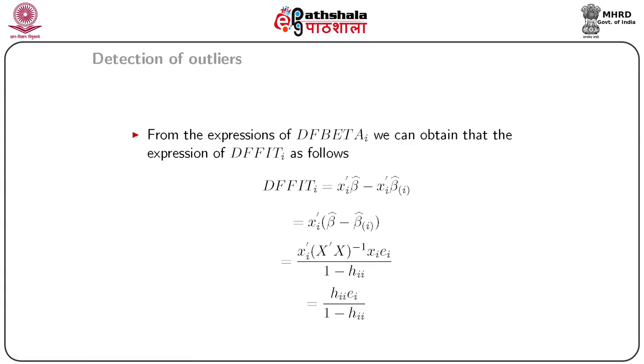So, DFFITS equals x_i prime (X prime X) inverse x_i times r_i divided by 1 minus h_ii, where we replace beta hat minus beta_(i) hat by the expression on the previous slide. And we know that x_i prime (X prime X) inverse x_i is h_ii. Thus, the final expression of DFFITS can be written as h_ii times r_i divided by 1 minus h_ii, where r_i is the ith residual.